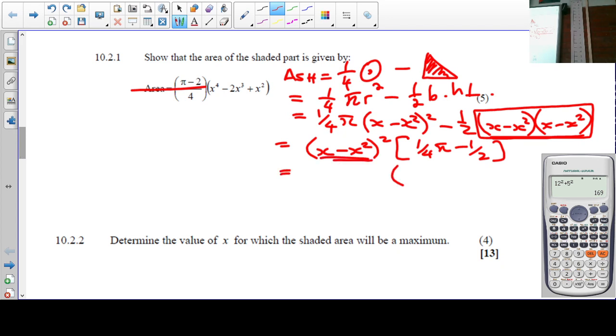This here would give us what? X squared. That times 2. It's going to be negative 2x cubed. And the last term squared will be plus x to the power 4. Not so? What's your LCM in the second bracket? Your LCM is 4.